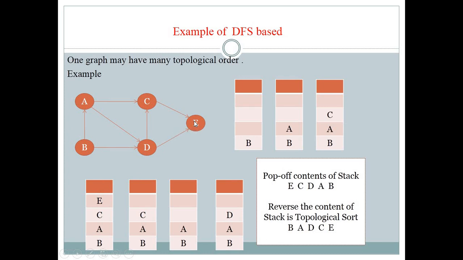After deleting E, we go back to C. Is any unvisited node from C remaining? No, so we will delete C. Our values will be E and C, and after it we go back to A. Now from A, is any unvisited node available?